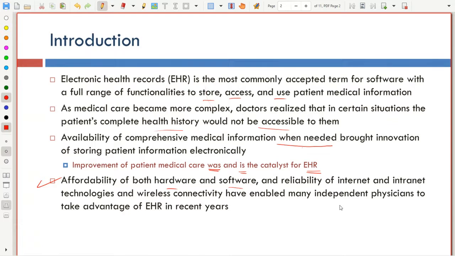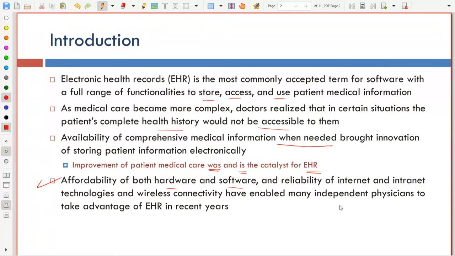Okay, so now we have affordable hardware. We have lots of software companies. We have lots of software options in general, okay? And we have much more reliable internet, and we have networking devices that would allow intranet technology to be available. Intranet meaning a network within an organization.